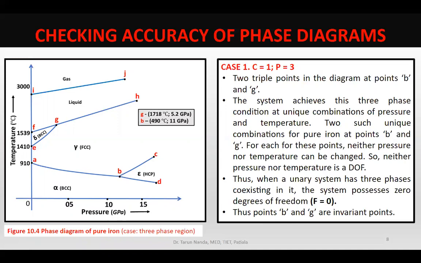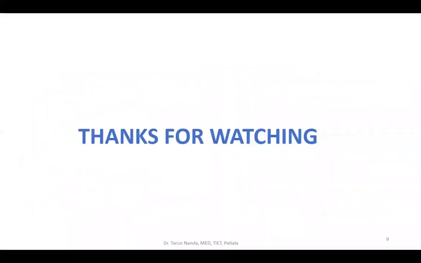So this diagram is absolutely correct, and that shows the application of the Gibbs phase rule also. And this shows that our pure iron equilibrium diagram drawn with the help of experimental methods is absolutely correct. Thank you so much for watching.